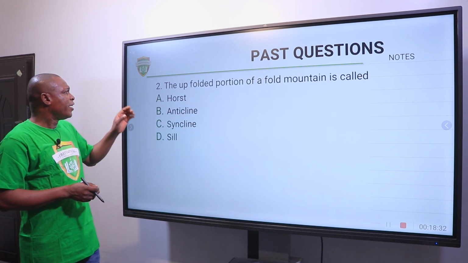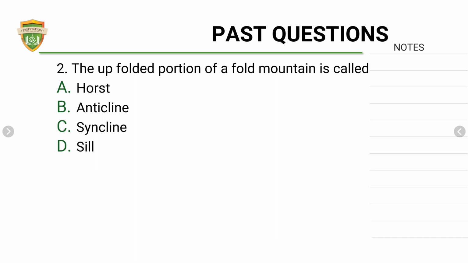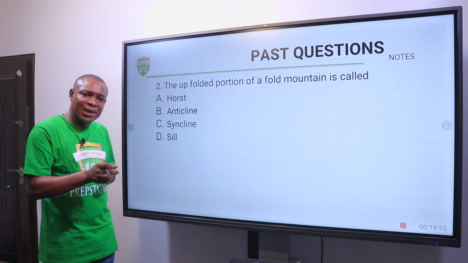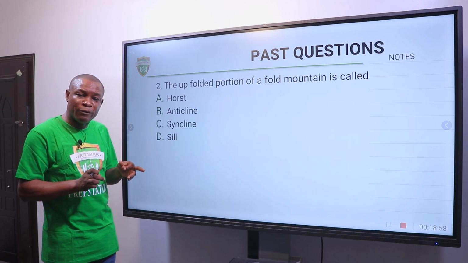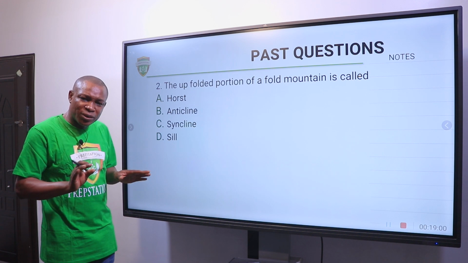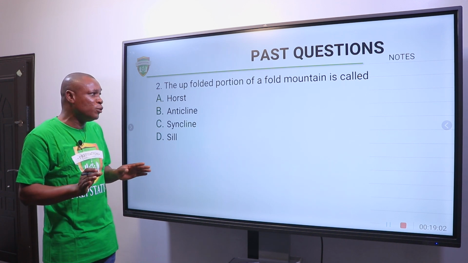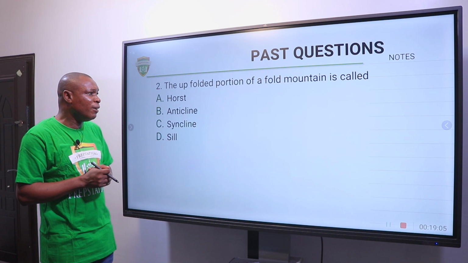Number two, the upfolded portion of a fold mountain is called: A, horst; B, anticline; C, syncline; D, sill. No, horst is not the correct answer. Horst has to do with block mountain. Sill has to do with vertical or horizontal intrusion of molten magma, so it has nothing to do with fold mountain.